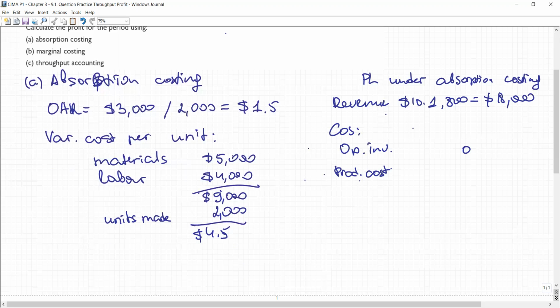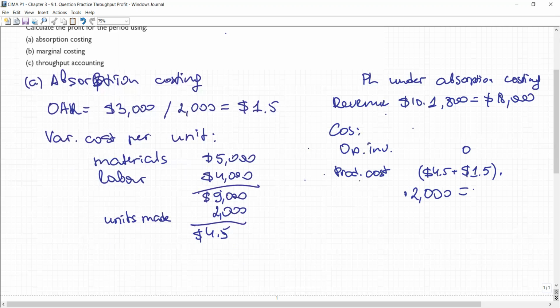For absorption costing, production cost per unit is going to be variable cost plus fixed cost absorbed. And only production cost is absorbed in our calculation. We will multiply that by the actual units produced, so this is 2,000.